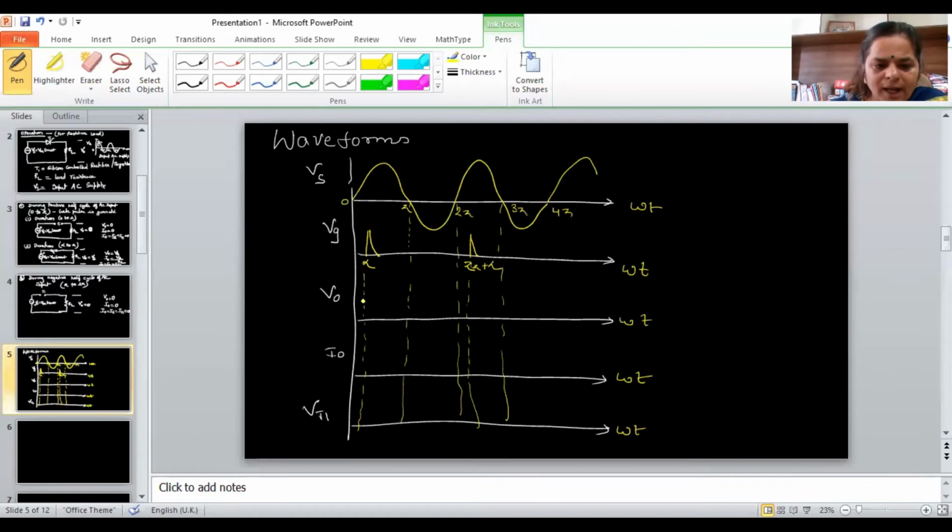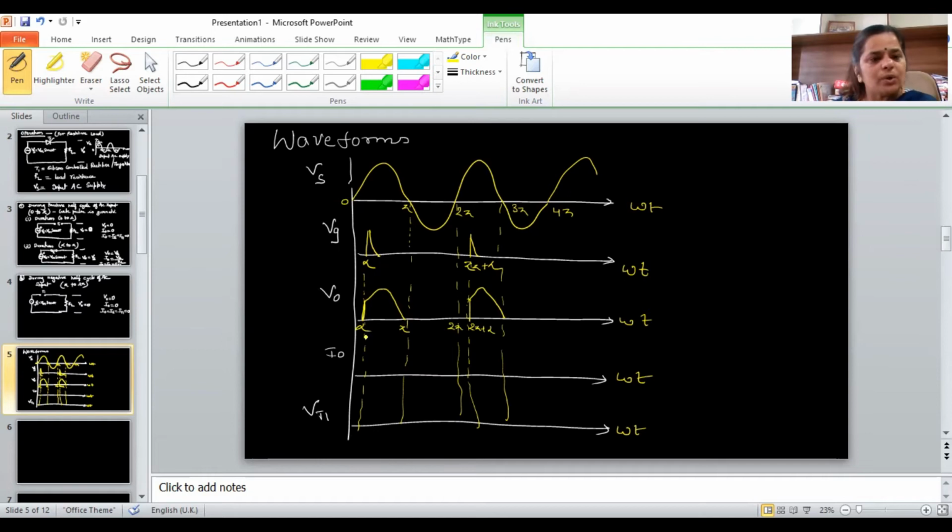So at alpha, as the SCR is on, whatever the instantaneous value of our input voltage is, we are going to get as the output voltage. So this will be the output voltage. From alpha to pi I will get the output voltage, and from pi to 2 pi we will get 0 voltage.